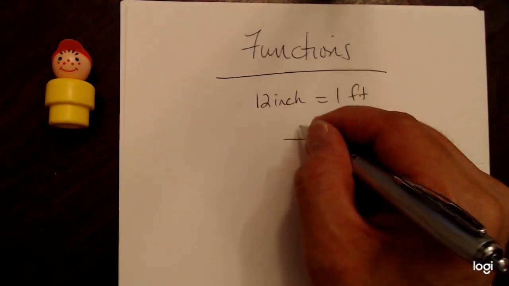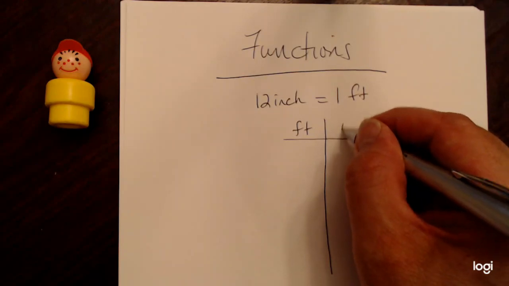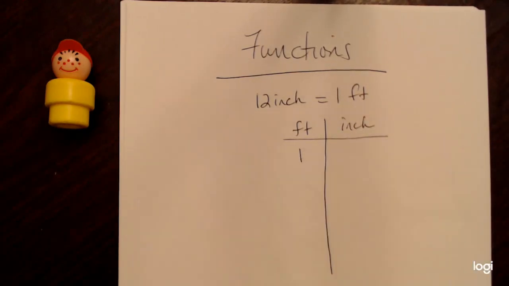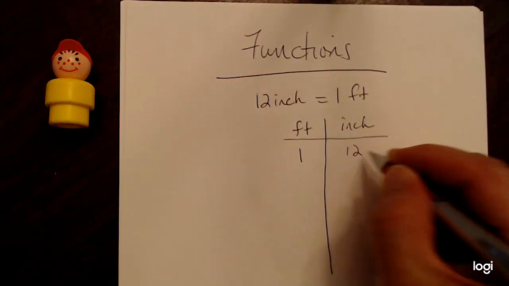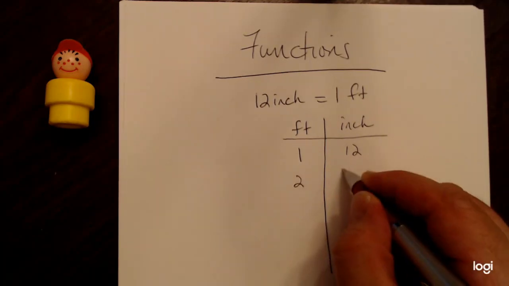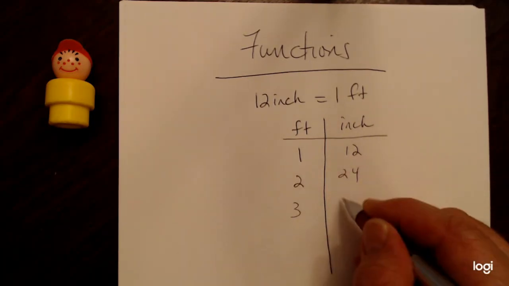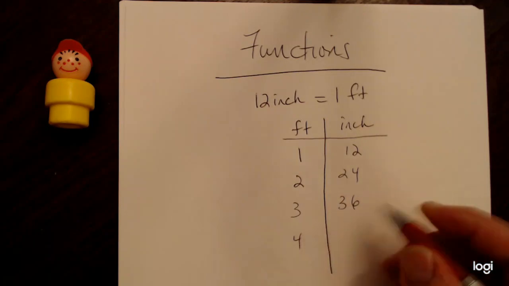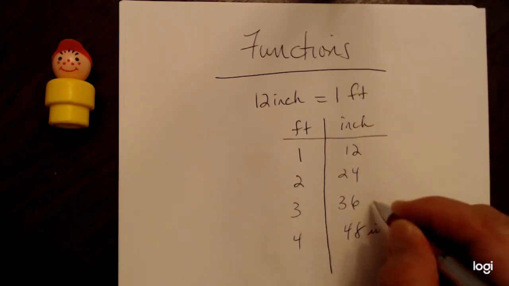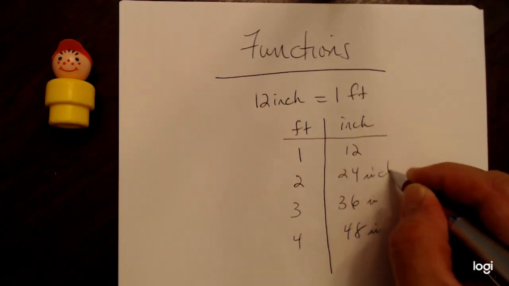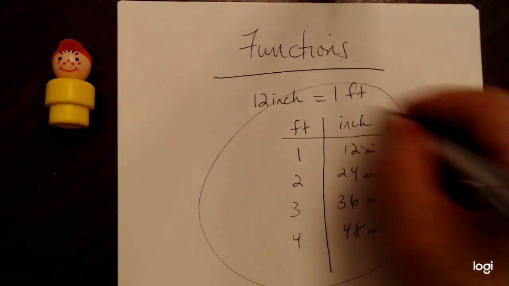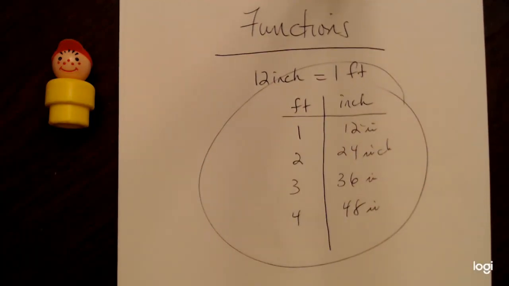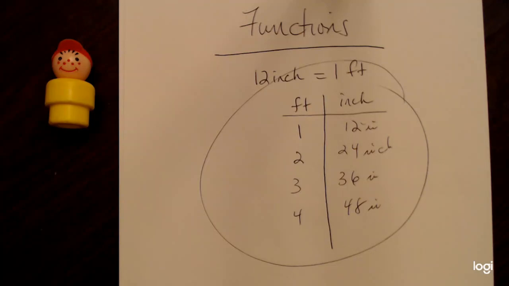Let this be feet and let this be inches. So 1 foot is 12 inches, 2 feet, 24, 3 feet, 36, 4 feet, 48. And you can abbreviate that. This is a function table. That's all it is. That's a function table.